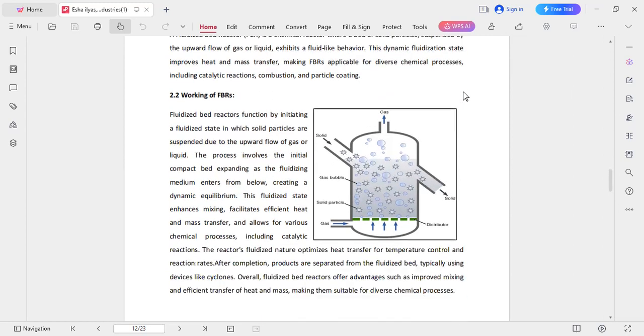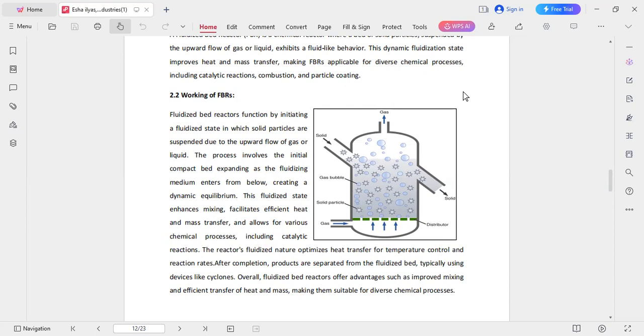Now, we will see the working principle of fluidized bed reactors. Fluidized bed reactors function by initiating a fluidized state in which solid particles are suspended due to the upward flow of gas or liquid. The process involves the initial compact bed expanding as the fluidizing medium enters from below, creating a dynamic equilibrium. This fluidized state enhances mixing, facilitates efficient heat and mass transfer, and allows for various chemical processes, including catalytic reactions.